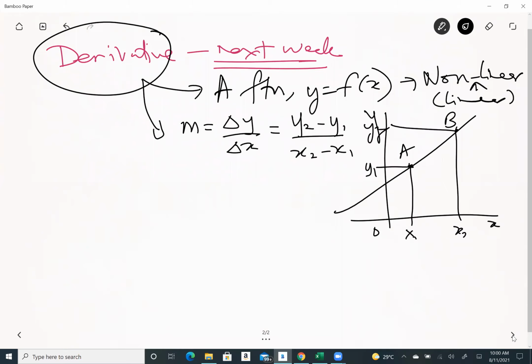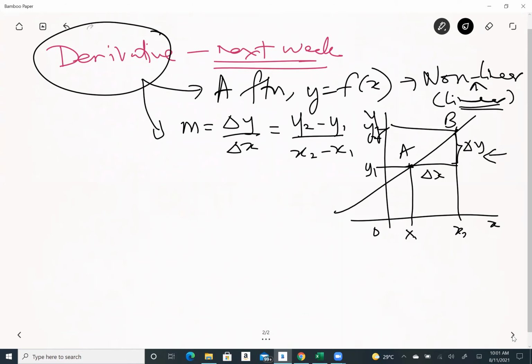So the difference between y and the difference between x, which you call delta y, delta x, you divide, then you get the slope between the points A, B. Since the line is a straight line, the slope is constant everywhere. That is the idea of the slope, which we use when talking about the linear function.